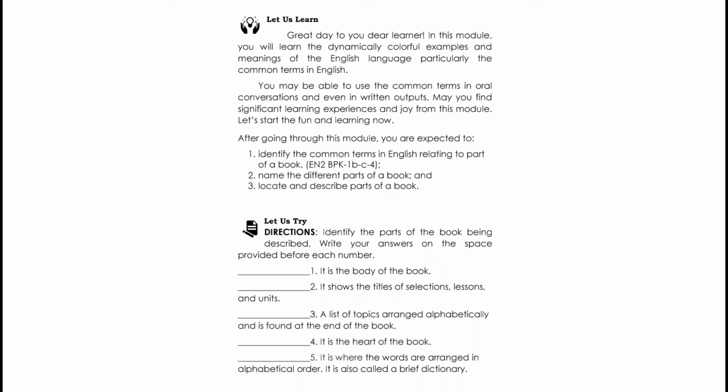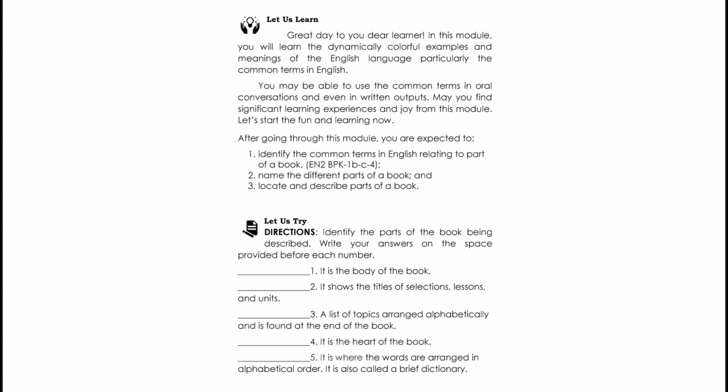Let us try. Directions. Identify the parts of the book being described. Write your answers on the space provided before each number. Number 1, it is the body of the book. Number 2, it shows the titles of selections, lessons, and units.